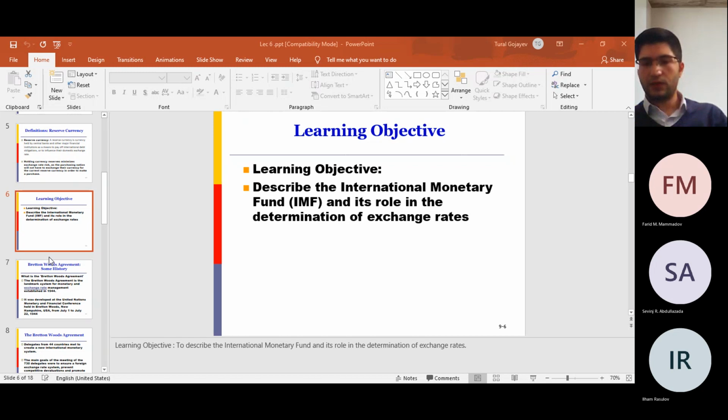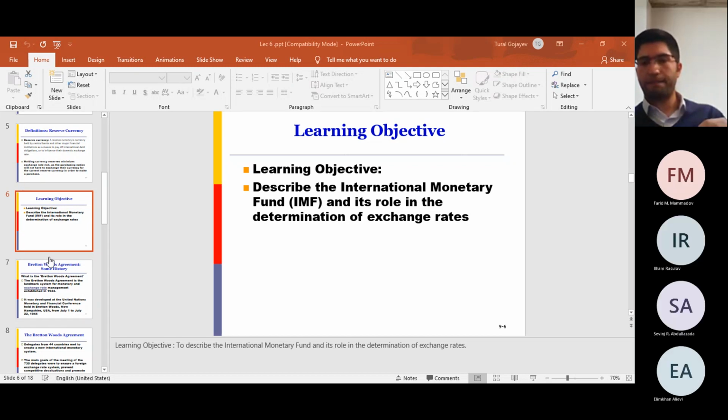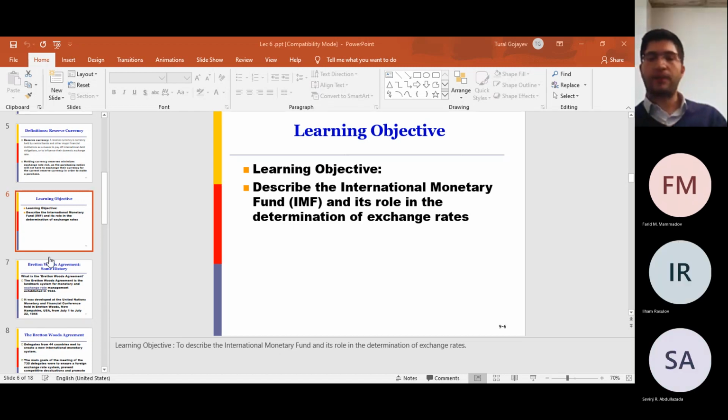There are several member countries, including Azerbaijan as well, and the IMF gives some technical support, and also IMF can give loans for the member countries. The main purpose is to create financial stability, to help, and to create stability in monetary policy in the countries. So generally, it supports member countries. So let's just continue.